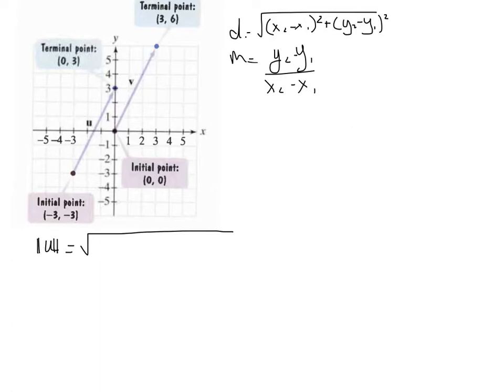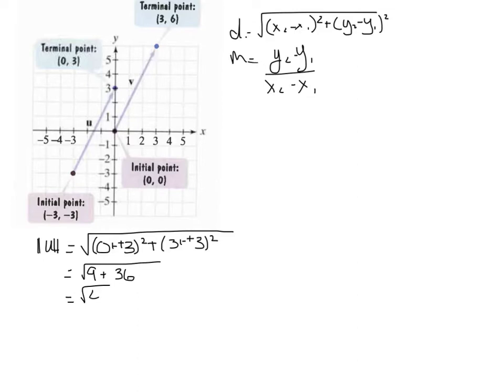All right, so we're finding the magnitude for vector u. The difference in x is 0 minus -3, and I'm going to square that, plus the difference in y, 3 minus -3, and we're going to square that. So here we end up with 3 squared, 9, and then 3 plus 3 is 6, squared is 36.